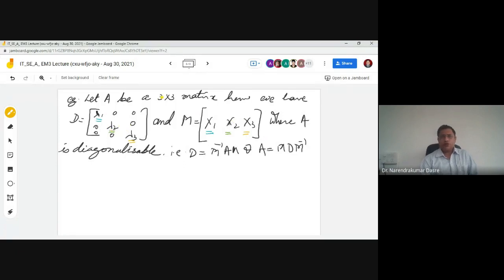So we have to understand the order in which the eigenvalues will appear. In the same order, the eigenvectors have to appear. If this relation is satisfied, then we say the matrix is diagonalizable.